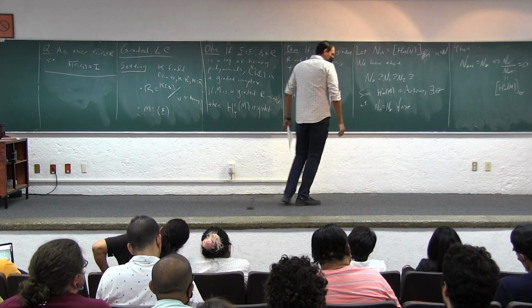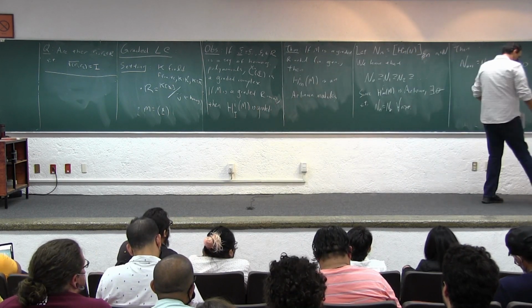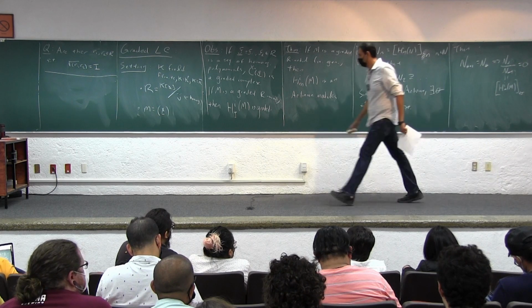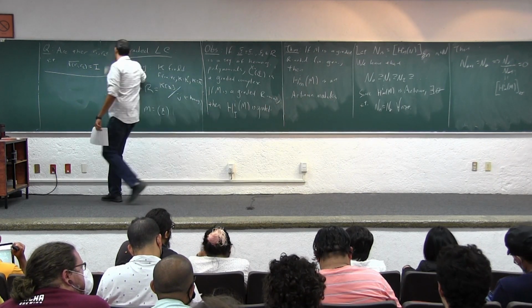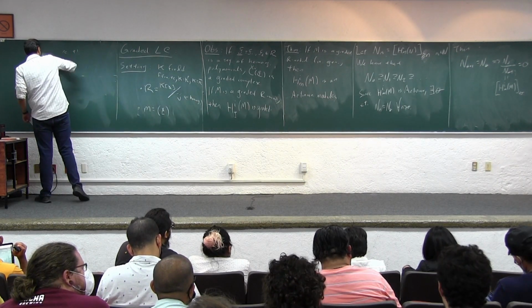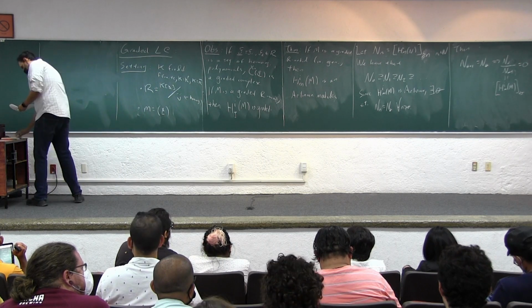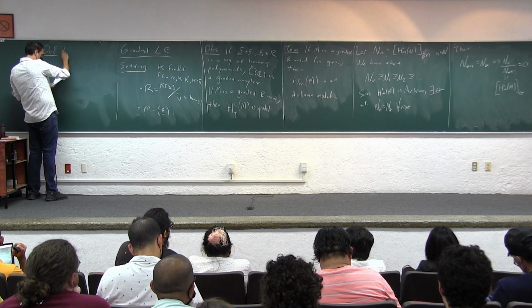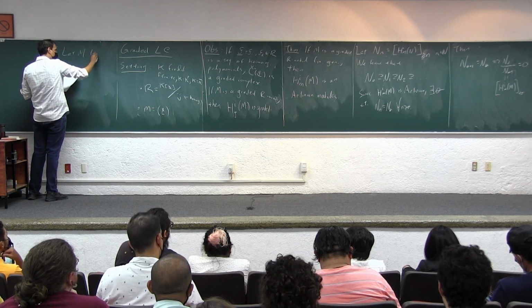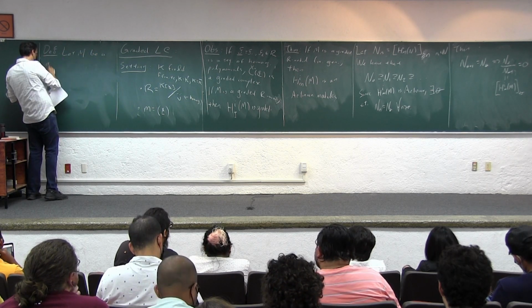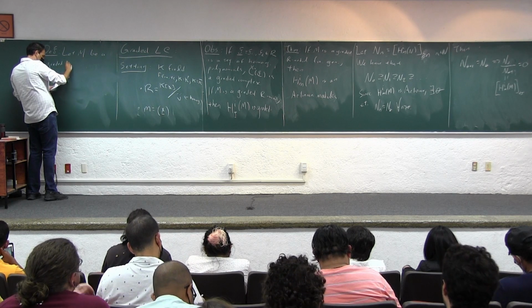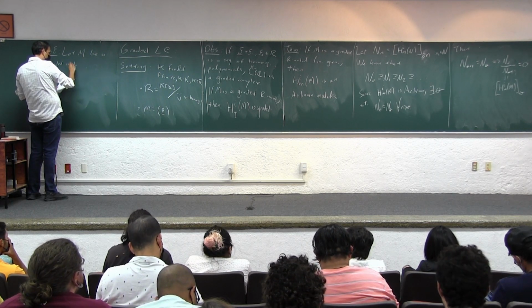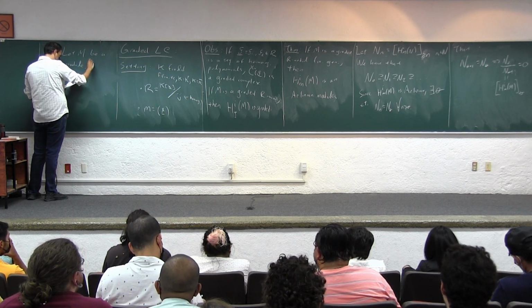So this top degree has the following name. That's called the a-invariant of the module. Definition. Let M be a graded module.